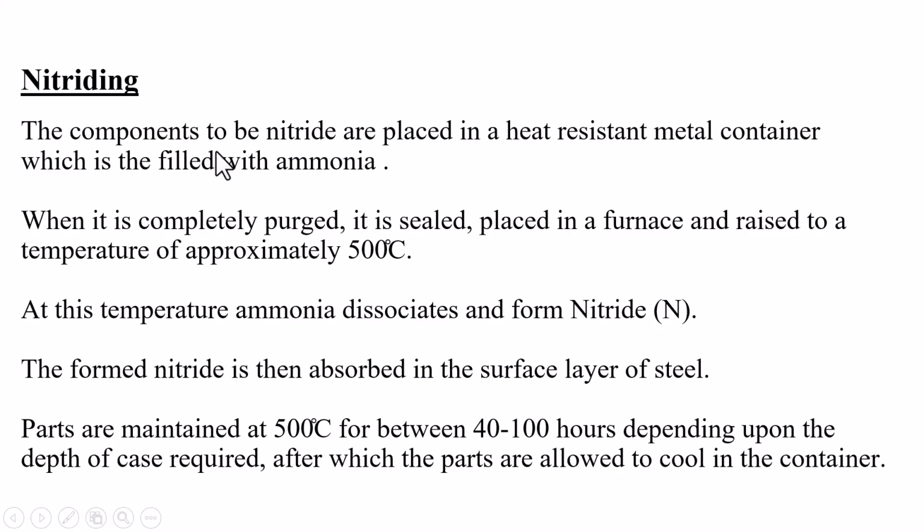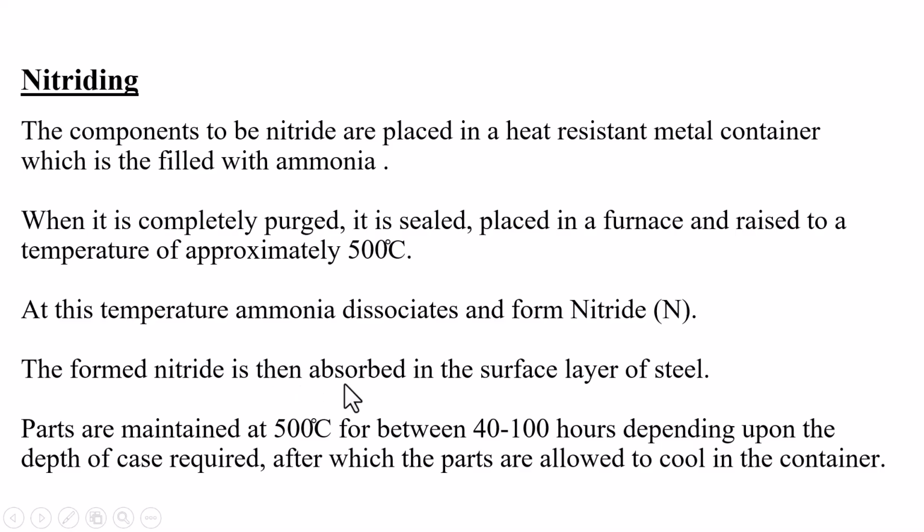So this is nitriding. What is the nitriding process? The components to be nitrided are placed in a heat-resistant metal container which is filled with ammonia. When it is completely purged, it is sealed, placed in a furnace and raised to a temperature of approximately 500 degrees Celsius. At this temperature, ammonia dissociates and forms nitrogen.